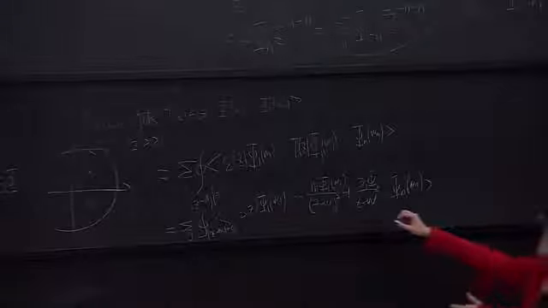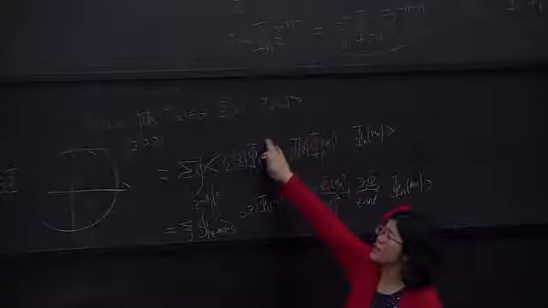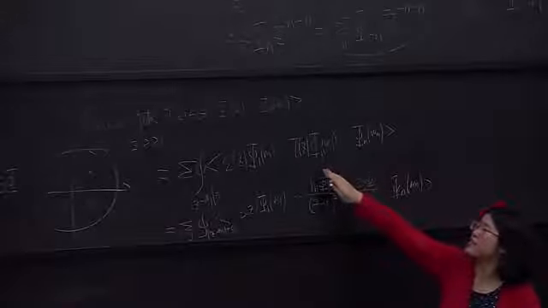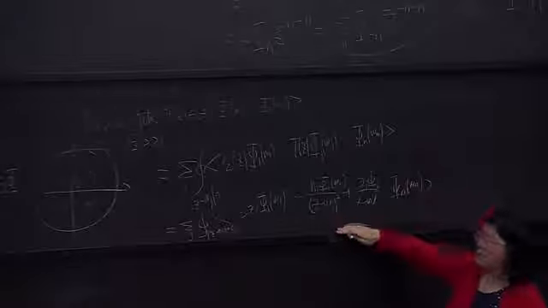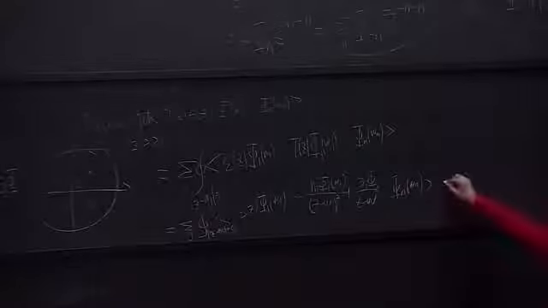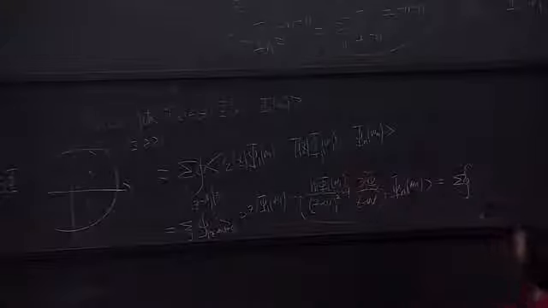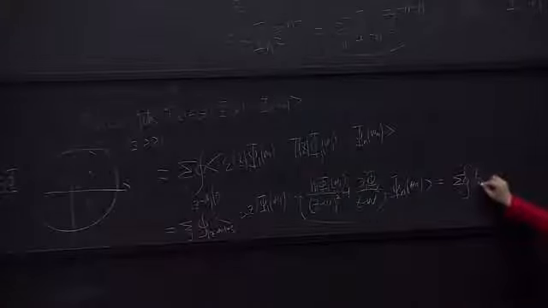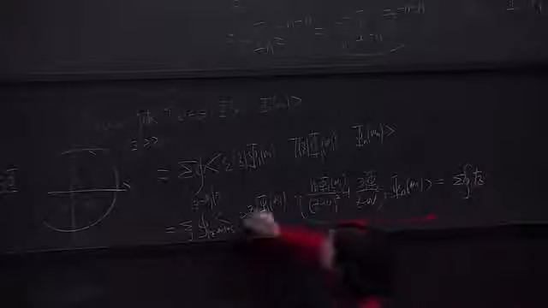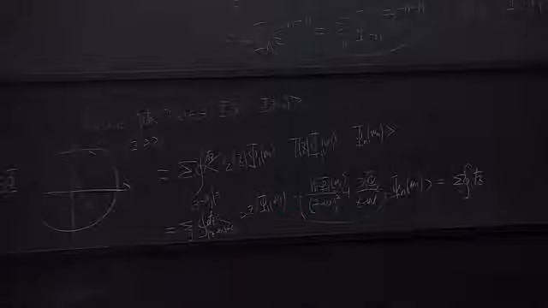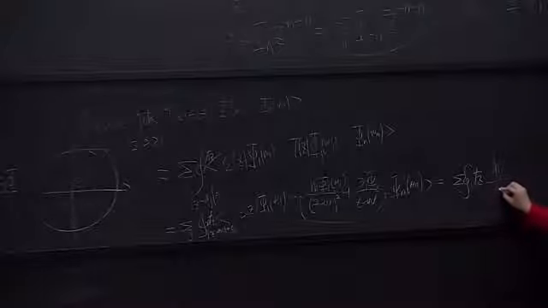The only thing I do is that it's a time-ordered correlation function, so I'm going to explicitly make sure the time order is guaranteed, and then expand with the OPE. And the claim is that I can just take this operator out.